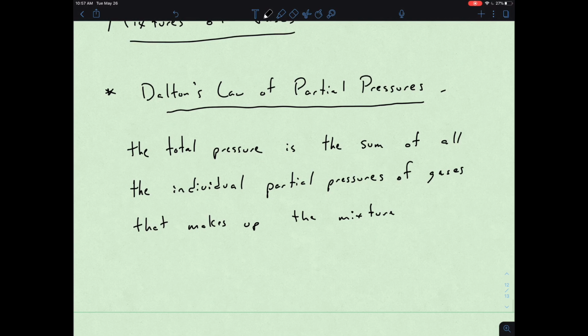So we could say that you have a total pressure, and that's just equal to the sum of all the individual partial pressures.